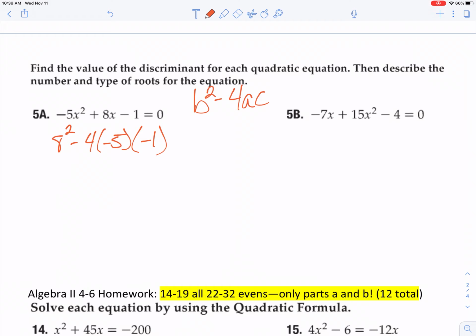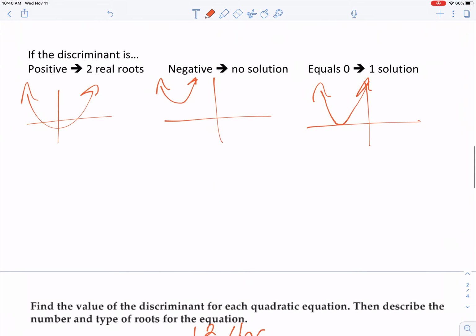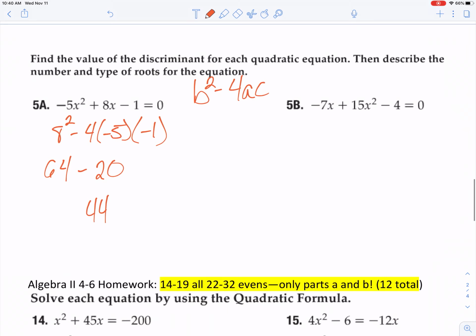So let's simplify that. That's going to be 64. Negative 4 times negative 5 times negative 1 is a negative 20. So the answer is 44. Now that's not my answer. I want to know the type of roots or the number of roots for the equation. And again, because it's a positive number, it has 2 roots. So I'm going to say 2 solutions, or 2 real solutions.